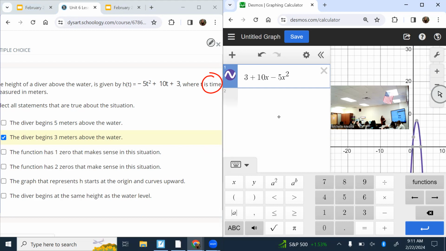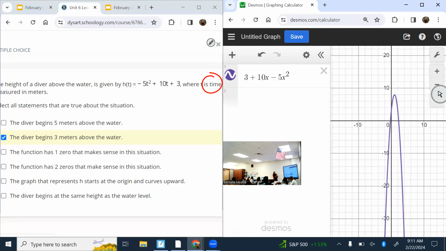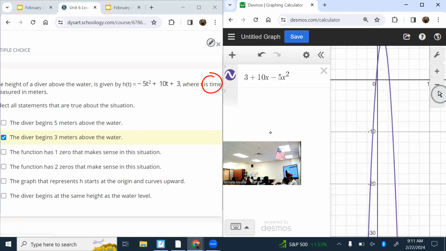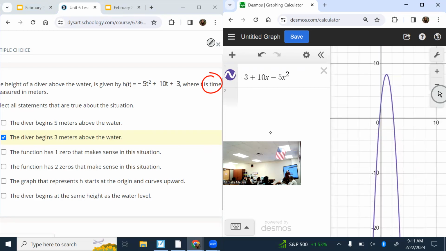I would recommend you just put it, but when I look at my zeros, what part of my graph can I find my zeros at? What's another word for zeros? So then look at your x-intercepts, and Desmos is really nice, it lets you touch them and gives you the exact values.